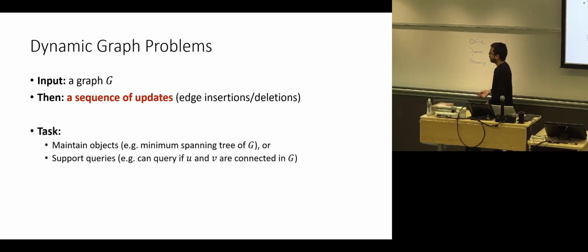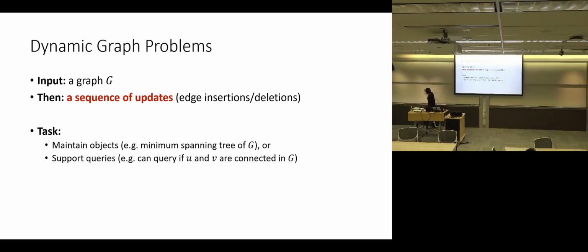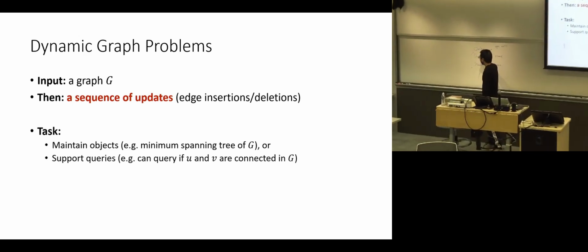But the difference is the focus on what to optimize. For dynamic, you optimize time, the update time. For streaming, you optimize space. And for online, you usually optimize the approximation ratio. But the setup is basically the same for all three.